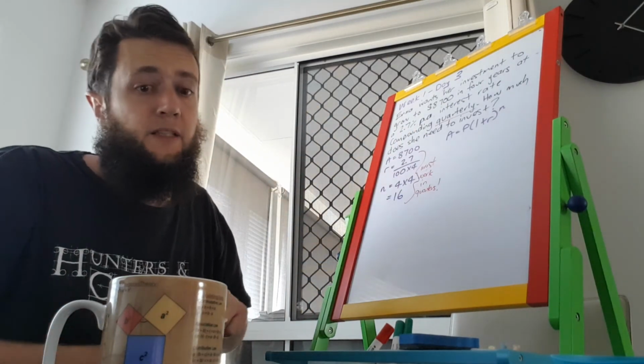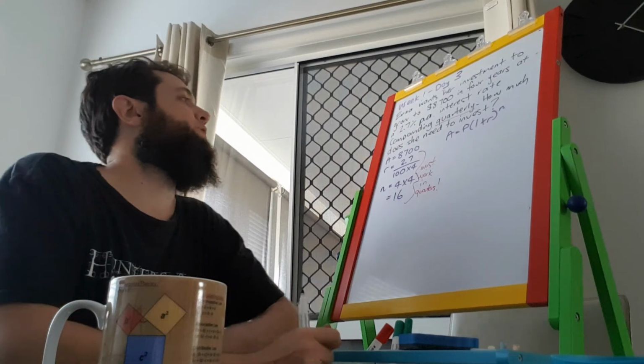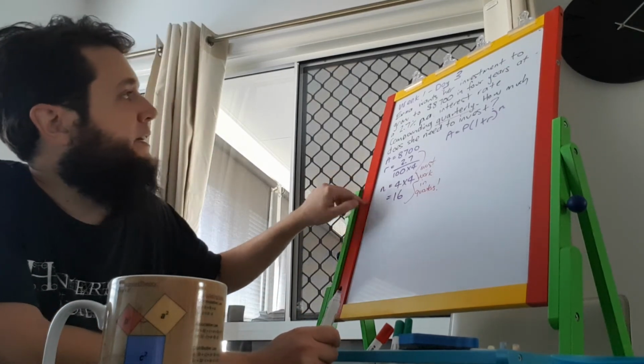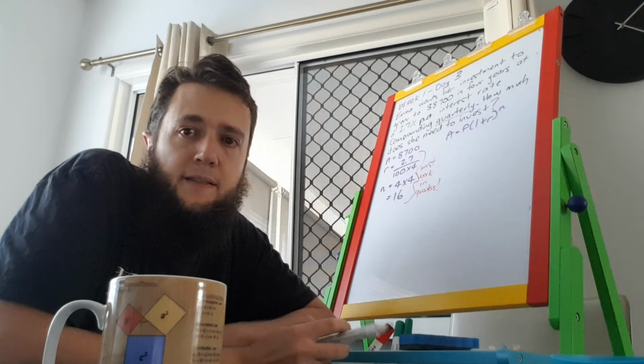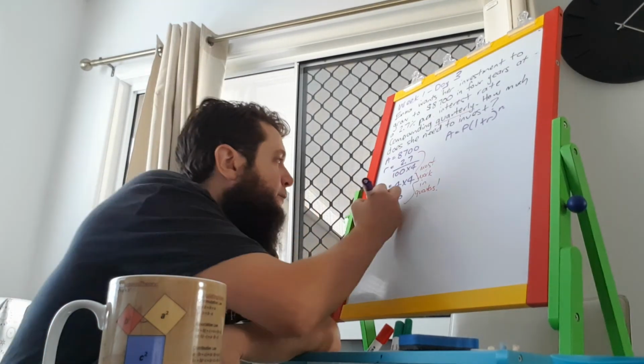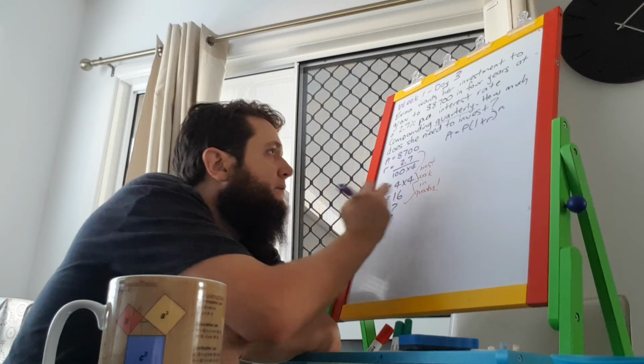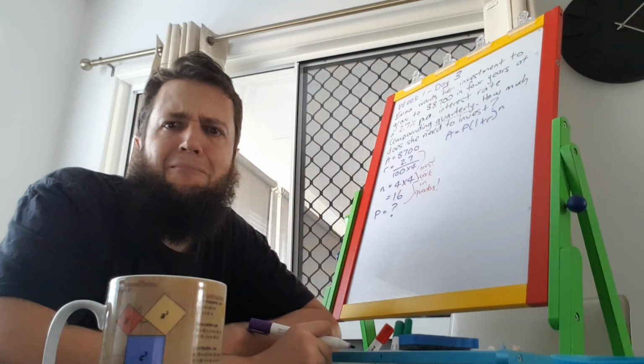But let's go back to our original problem, which was we had A, R, and N, and the question wants to know how much should she put into this in the first place. The question's actually asking us for P. What on earth are we going to do?